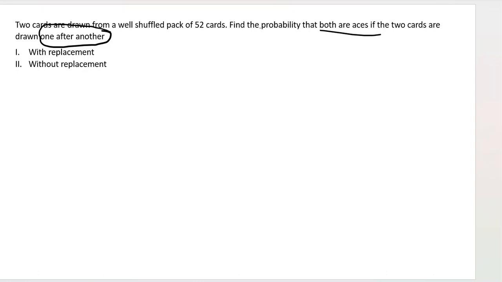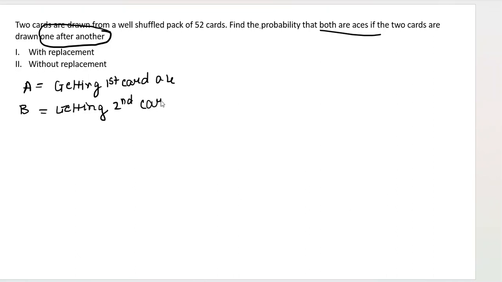So now we define A to be the event of getting first card as ace, and B to be getting second card ace. Now we are asked what? If you observe in the first question, we are asked to find the probability that both are aces. That means what?